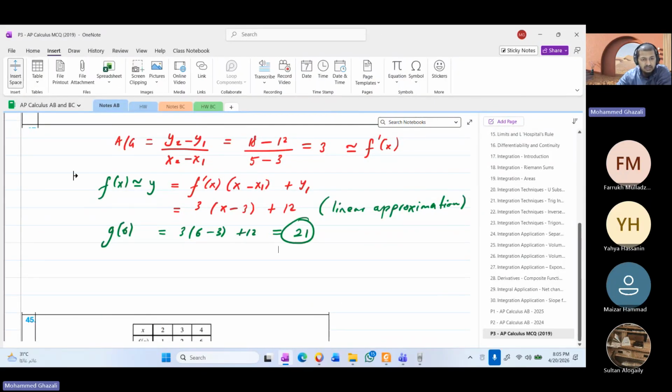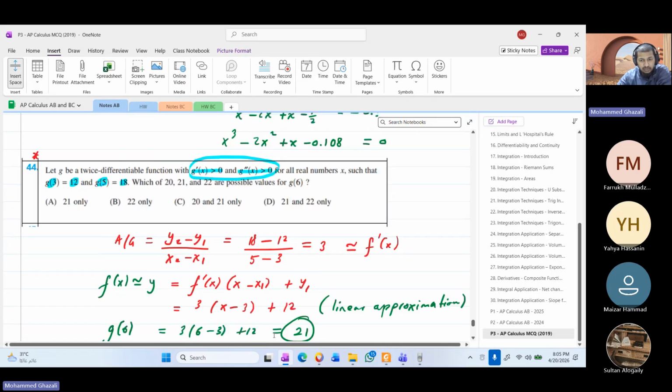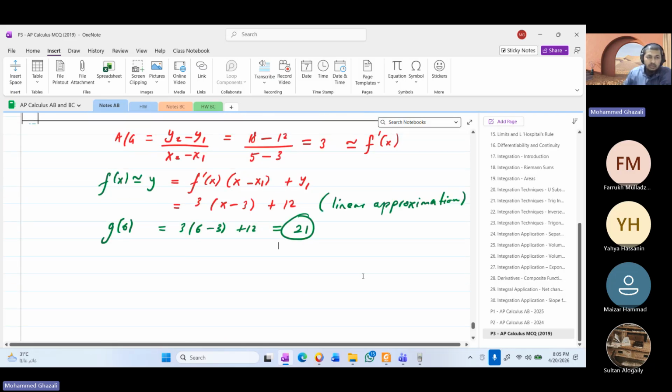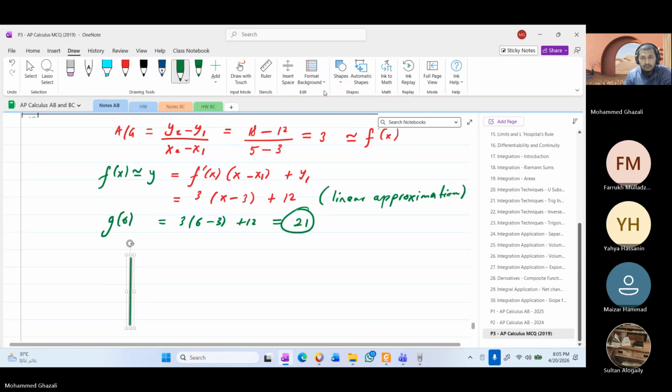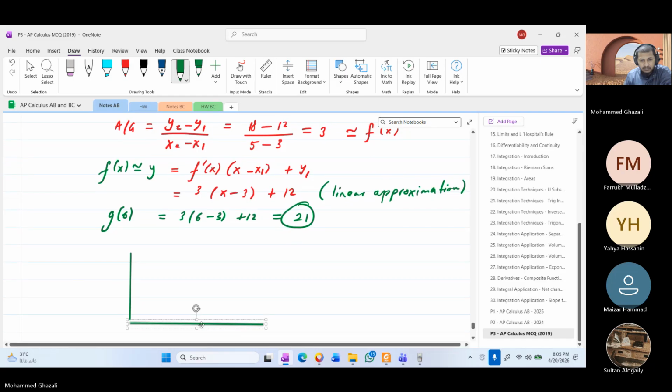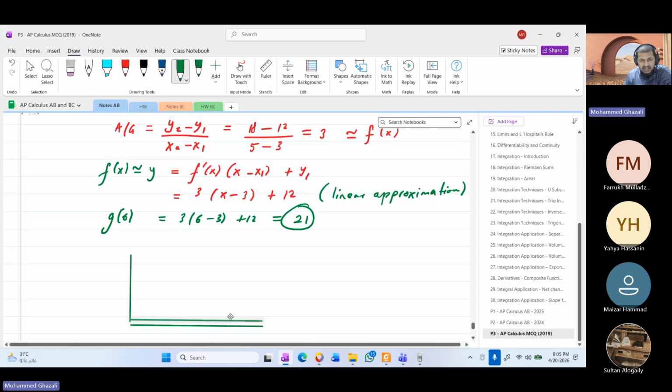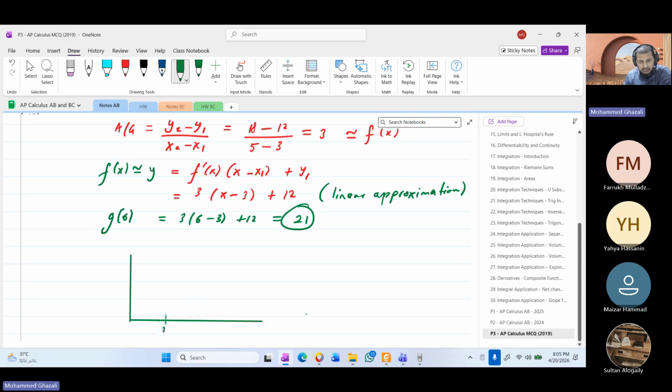Now, let's draw a graph. I need to explain this to you because we just took a linear approximation. We only considered these scenarios, not those. What's happening at 3?